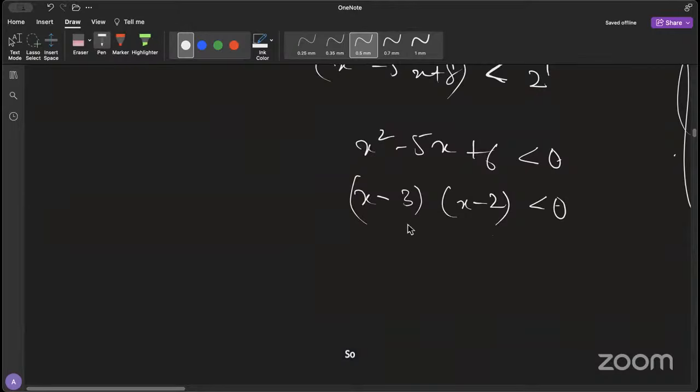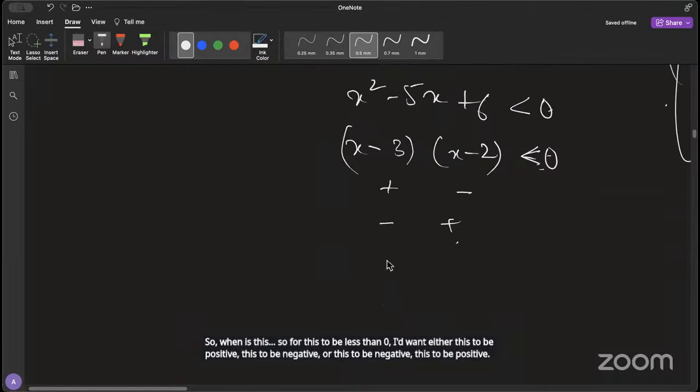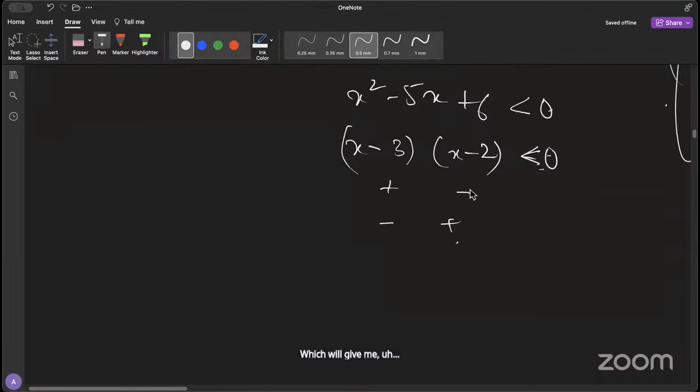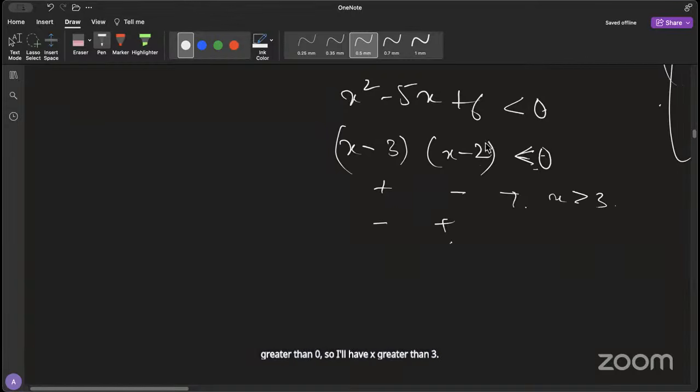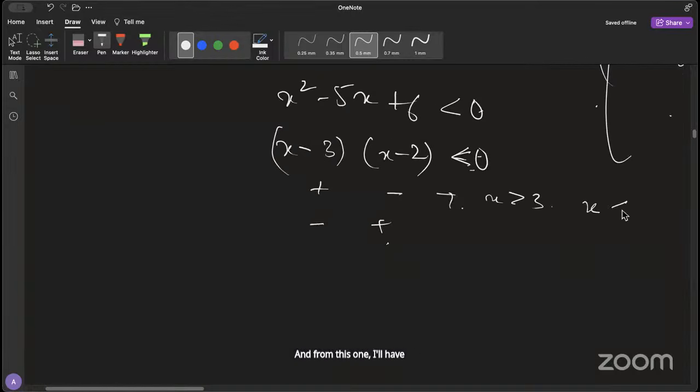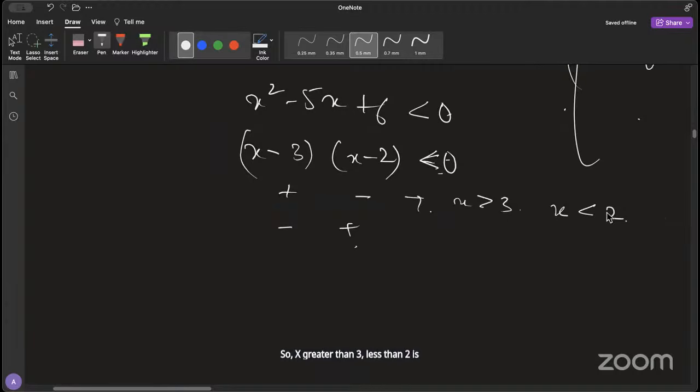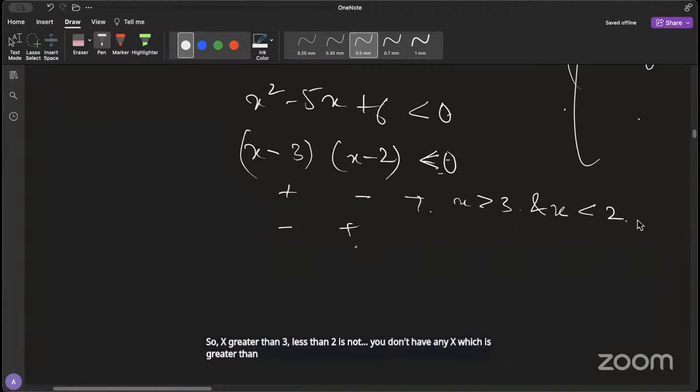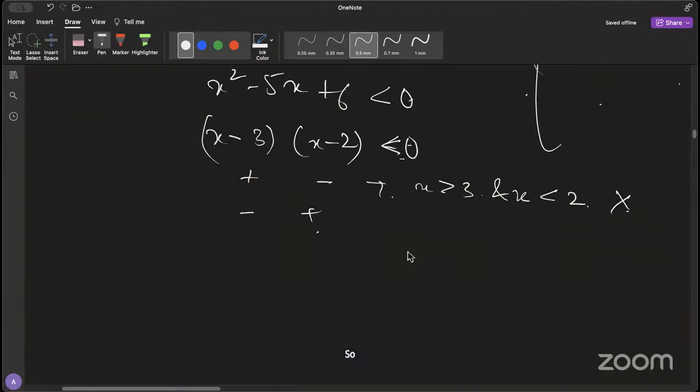So for this to be less than 0, I'd want either this to be positive and this to be negative, or this to be negative and this to be positive. If I go by this one, I'll have x minus 3 less than 0 and x minus 2 greater than 0, so I'll have x greater than 3, and from this one, x less than 2. So x greater than 3 and less than 2, you don't have any x which is greater than 3 and less than 2 both. So this has no solution.